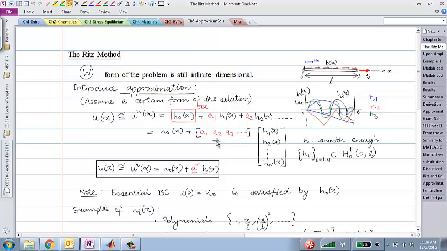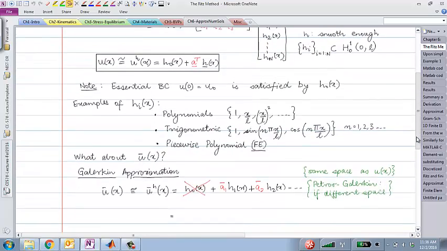Hopefully you all see that. The expression that we ended up with for the real displacement was H0 of x plus a vector of unknown coefficients, which we will solve for finally, times a vector of functions of x which are known to me, which I have handpicked to be able to approximate the real displacement. So that gives me an approximation for the real displacement.